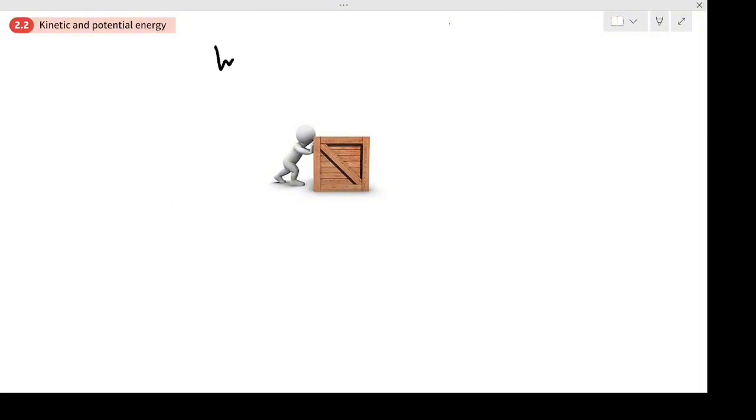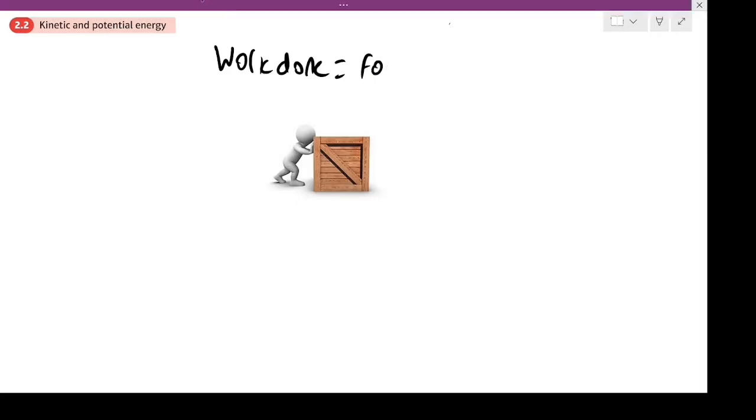And so we saw that work done is force, so how much physical force onto the object to move it, and then the distance, so how far we are moving the object along. Work done tells me how much energy I'm transferring onto the object, and then moving it about. Essentially, that's all it is.